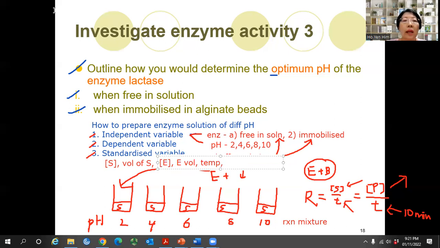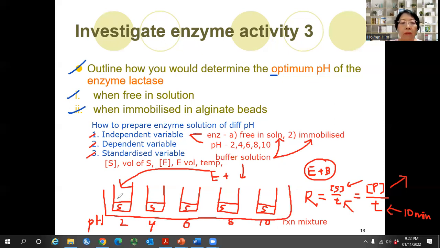If you want to standardize the temperature, you either put all of them on the table, so the temperature will be room temperature. If your aircon is 24, we assume the room temperature is 24 degrees Celsius. But if you want to make the reaction faster and you know the optimum temperature, you put all of them into a bigger water bath, and make sure this water bath is at the optimum temperature for this enzyme.